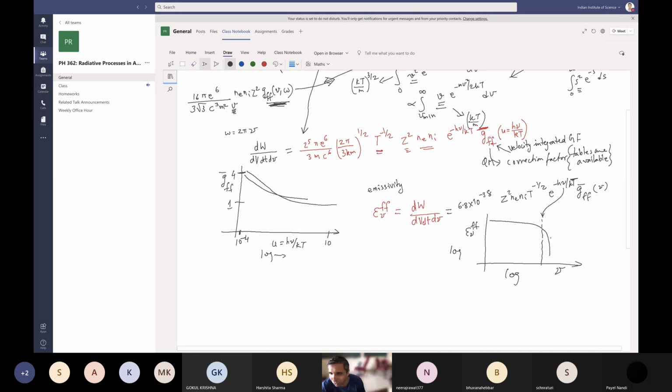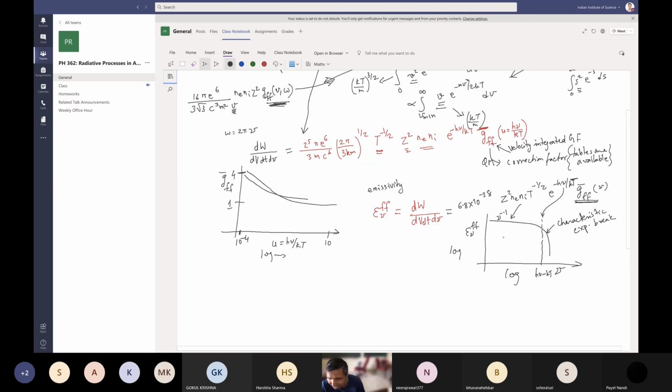So at h nu of order kT there is this characteristic exponential break for free-free emission, which is similar to the Wien spectrum, but only on the high frequency side. On the low frequency side, there is a weak dependence on frequency, like nu to the minus 0.1, or you can even take it as nu to the 0, and it only comes from the Gaunt factor.